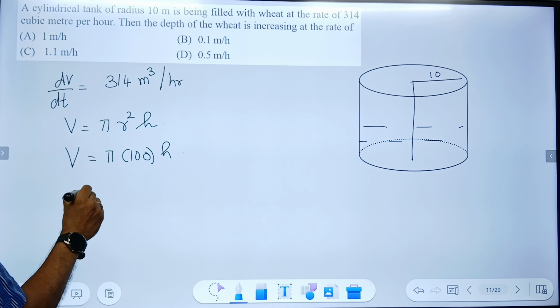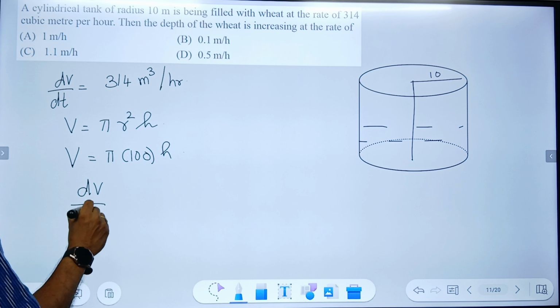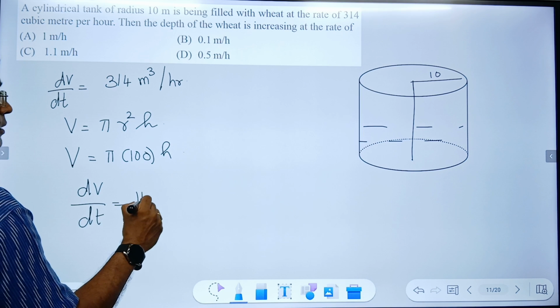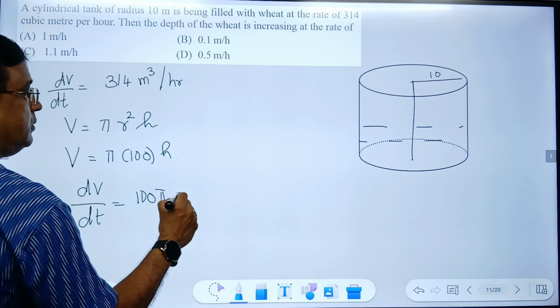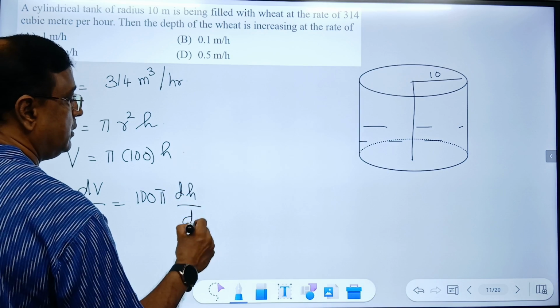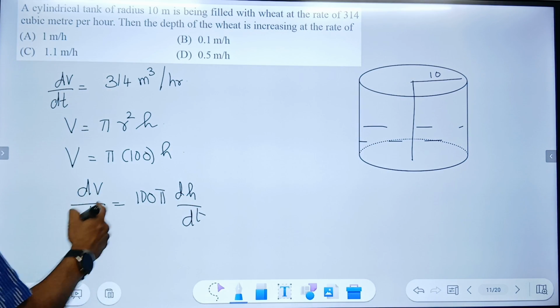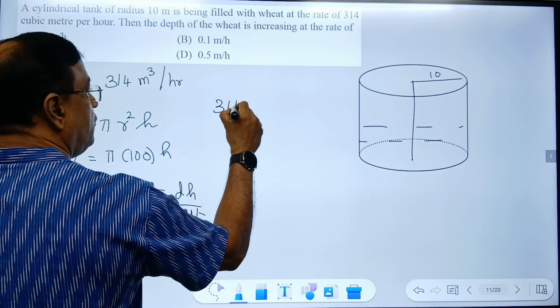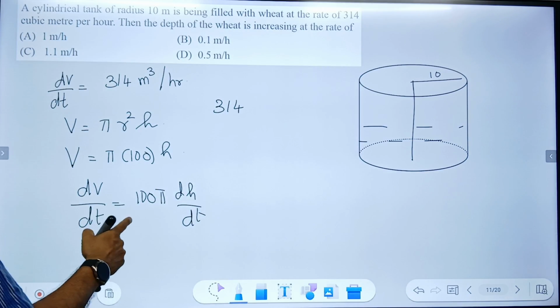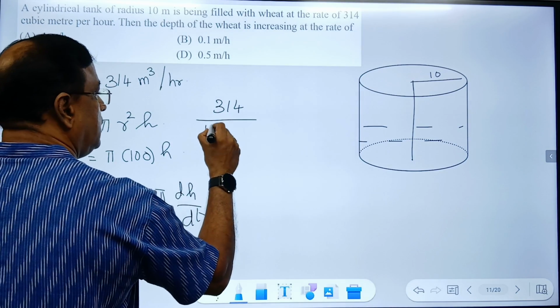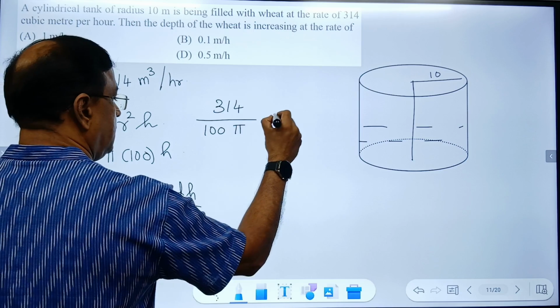Now you find dV by dt. So dV by dt is 100 pi into dh by dt. But you know dV by dt is nothing but 314, and this is nothing but 100 pi.